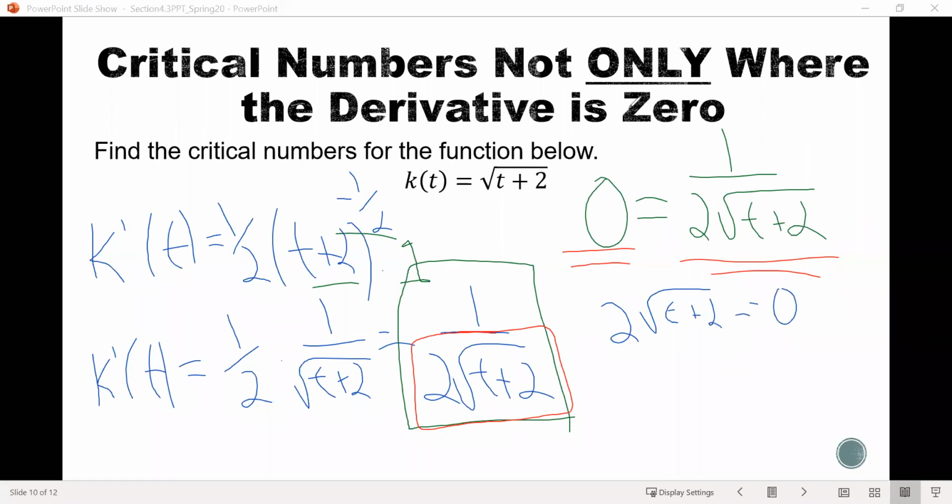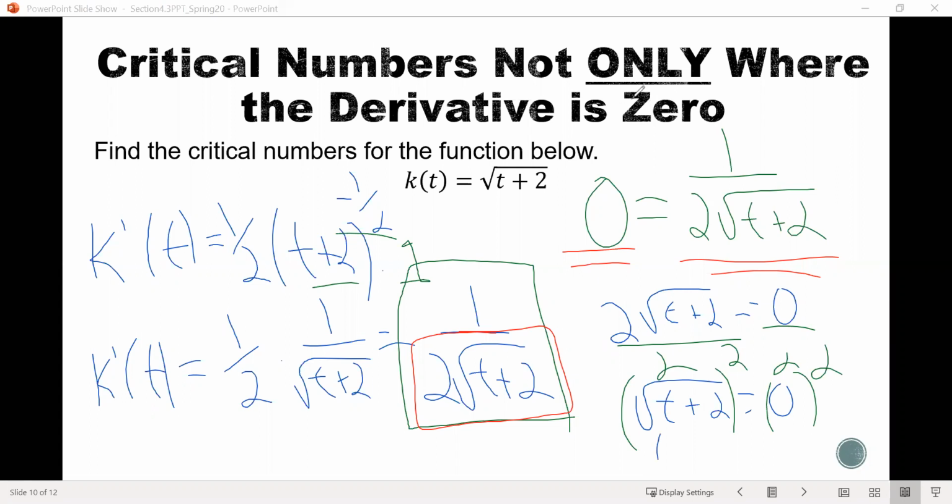I can divide by 2, so I'll end up with square root of t plus 2 equals 0. Got to undo the square root, so I can square both sides. If I do that, I end up with t plus 2 equals 0. And hopefully you see from there, we'll get t equals -2 as our critical value.